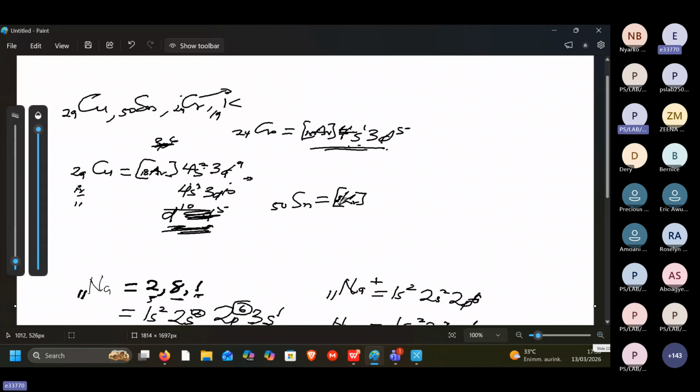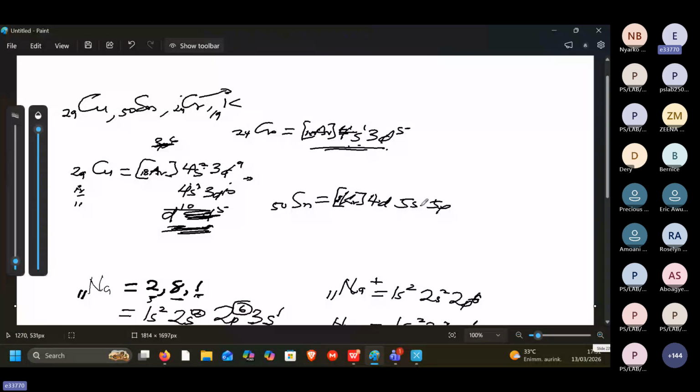When we are distributing that, krypton will be ending at 4p. After 4p, we'll go to 4d, then we'll go to 5s, and then 5p.